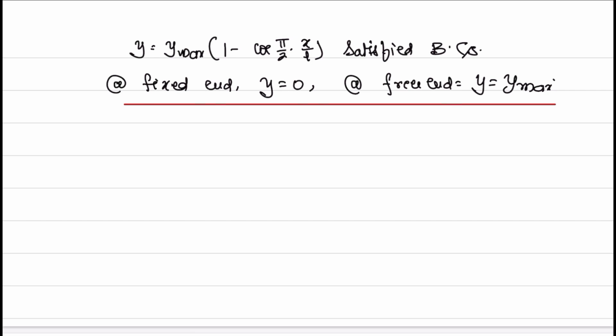Now next, by using this, you remember beam theory. What is the equation of beam theory?